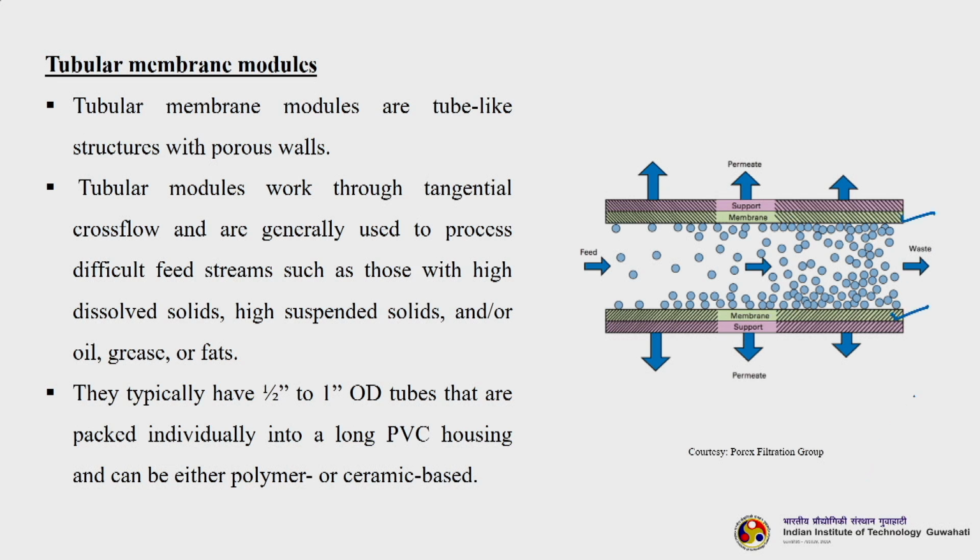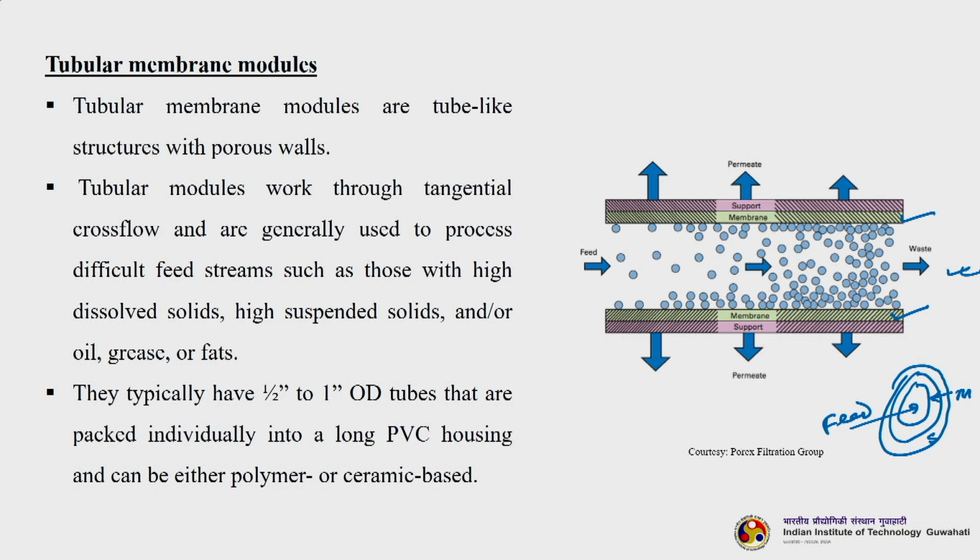Then above that there will be a support layer, and this is the lumen through which your feed is flowing. The permeate comes outside of the support on both sides, and the waste or retentate is collected at the far end of the tubular system.